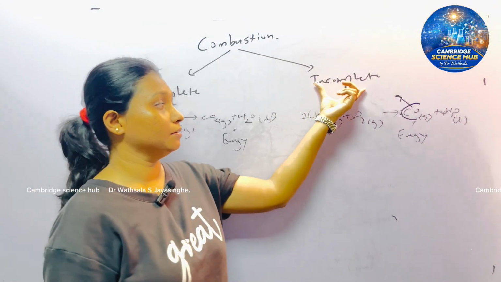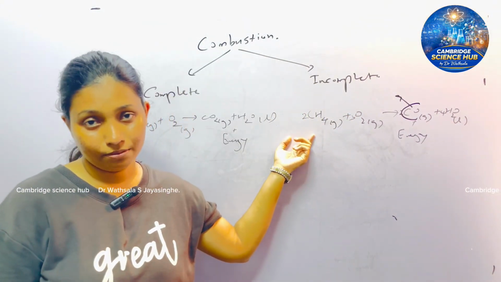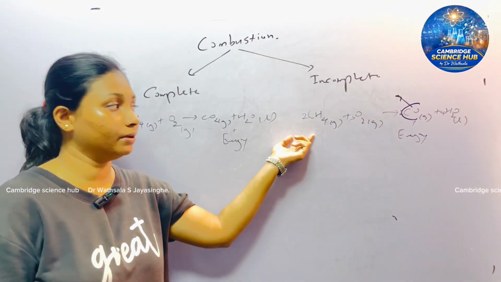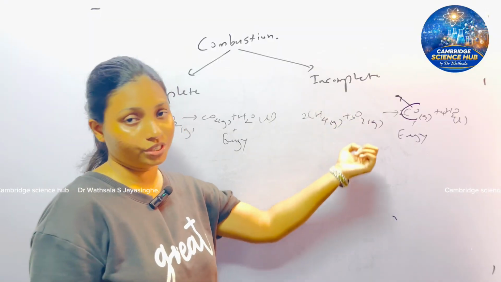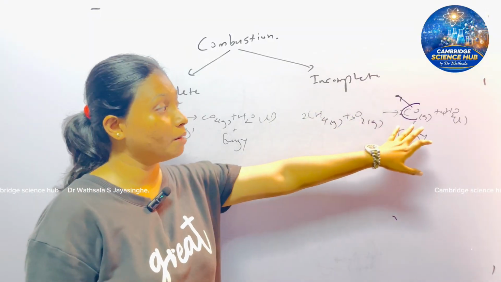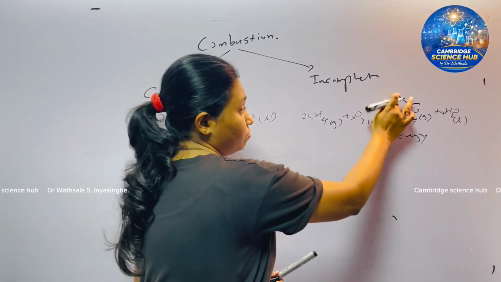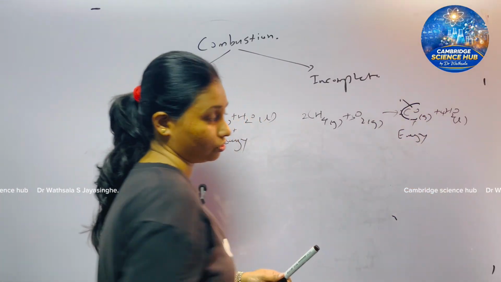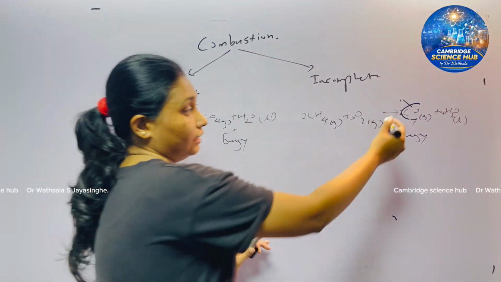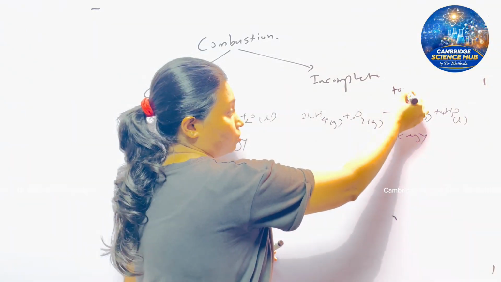In incomplete combustion, taking the example of methane, the smallest hydrocarbon, when it is burned with oxygen, carbon monoxide will be produced. Mono means one, di means two. So here only carbon monoxide will be produced, and we know that carbon monoxide is toxic.